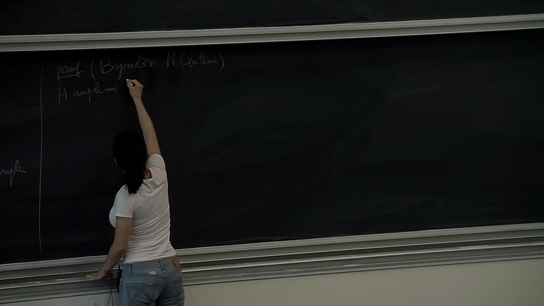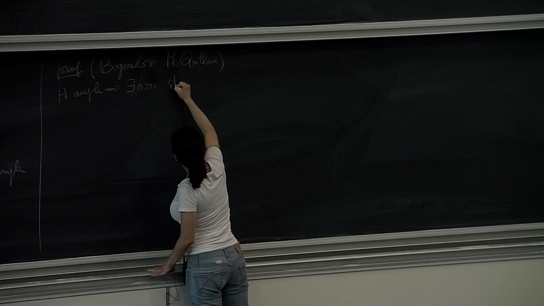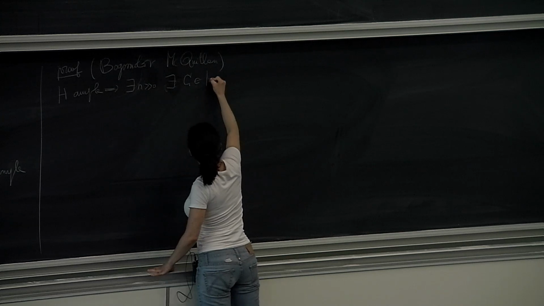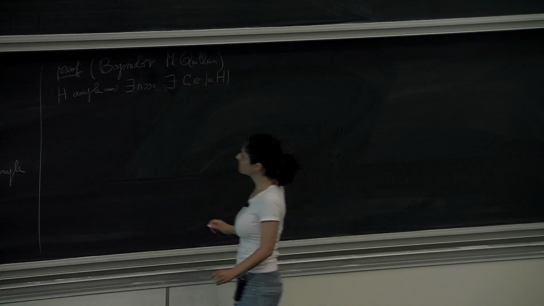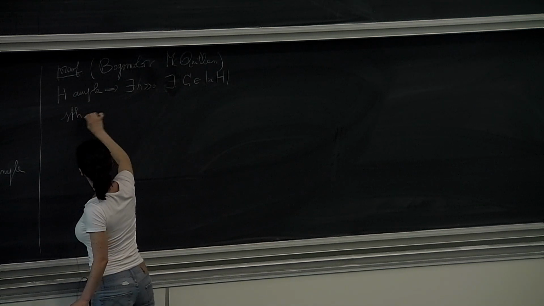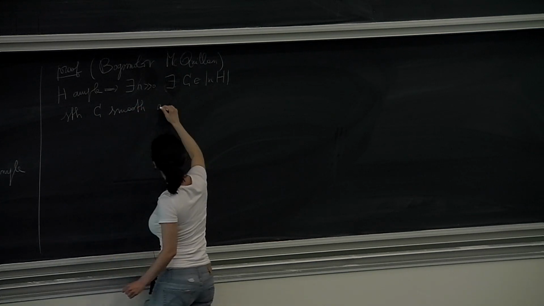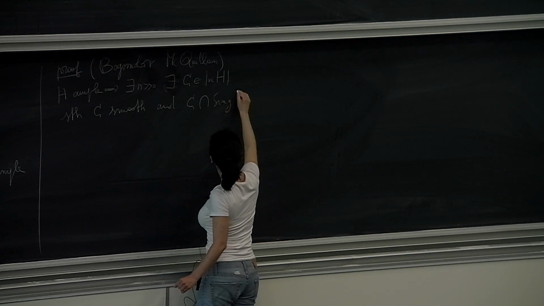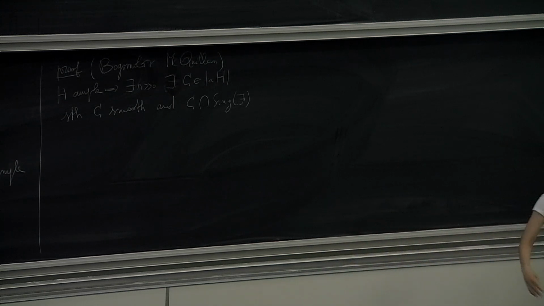Then I can find n big enough and an element C in the linear system of n times H with the following properties: C is smooth, and C avoids all the singularities of F. This is just Bertini's theorem.